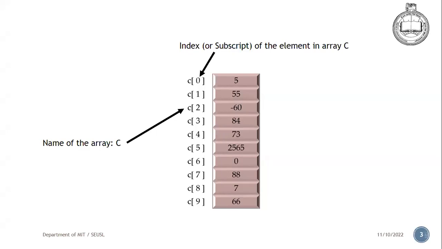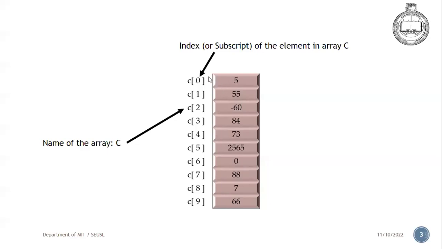So I think by now you should have got the clear concept of what an array is and, in terms of computing, how it is supposed to be. In the array, we will be grouping the similar elements. So in our example, we have grouped some numbers. They are considered to be similar data items or similar elements.